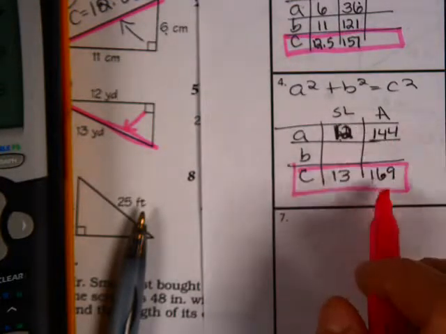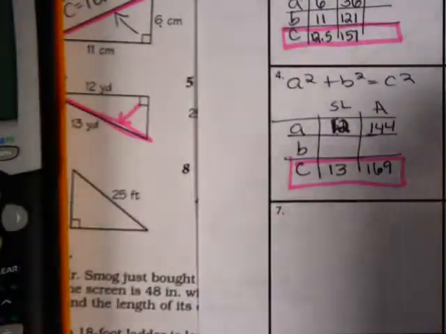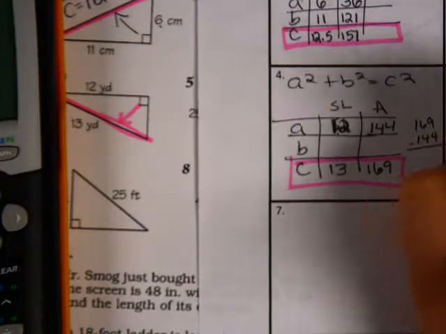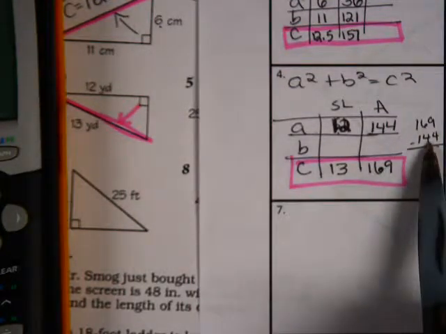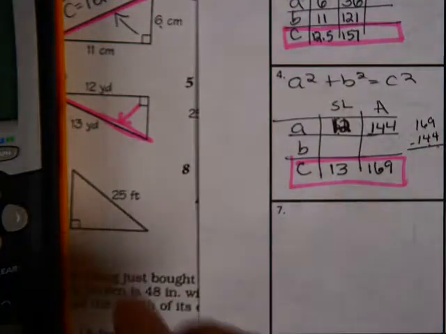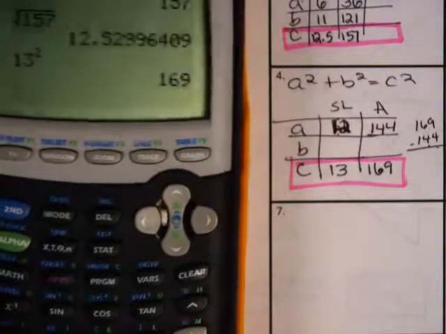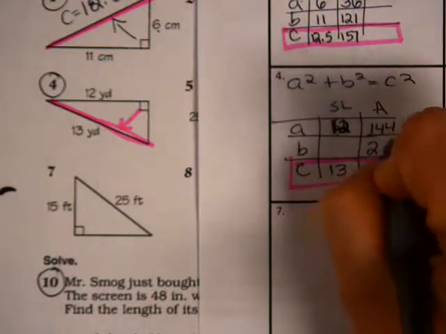So I'm going to have to subtract. This is a subtraction one. So I have to subtract 169 minus 144. You don't have to show this step, you'll do it in a calculator, but I just want to make you aware that's what you're doing. Subtract, and you get 25.